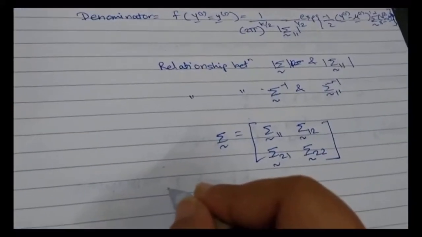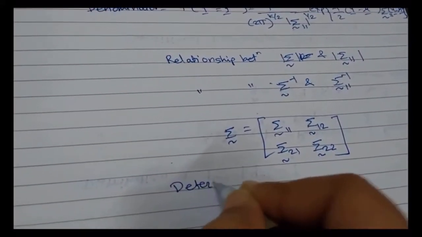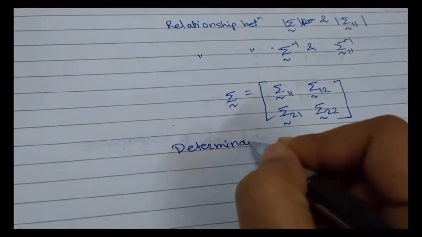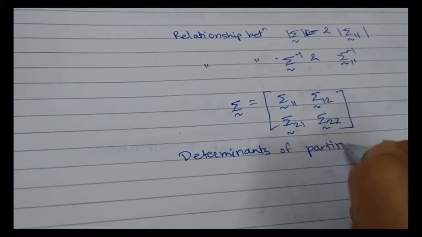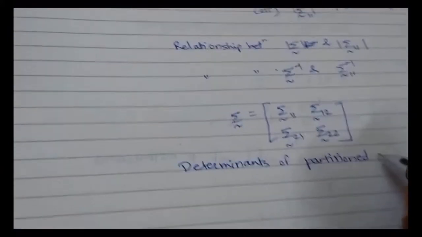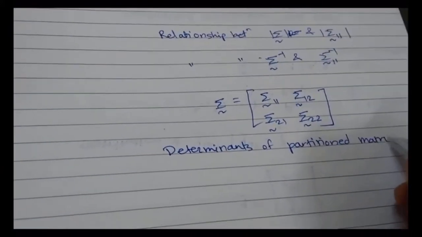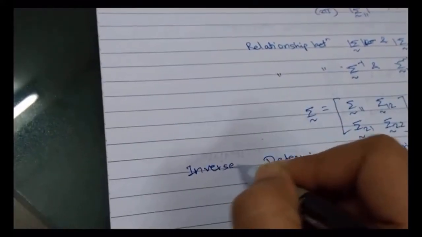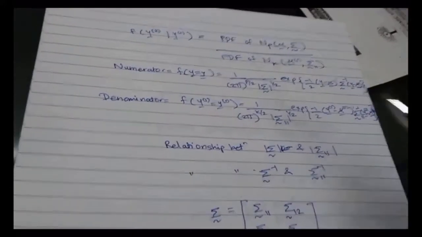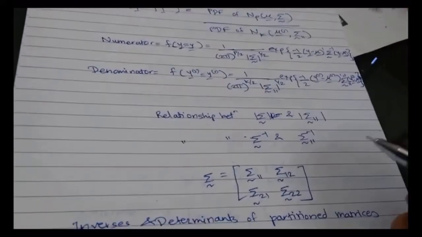So what we need is properties of determinants of partitioned matrices, and we also need formulae for inverses of partitioned matrices. So basically inverses and determinants of partitioned matrices are going to help us to solve these things and check what gets cancelled, what doesn't get cancelled, and so on.